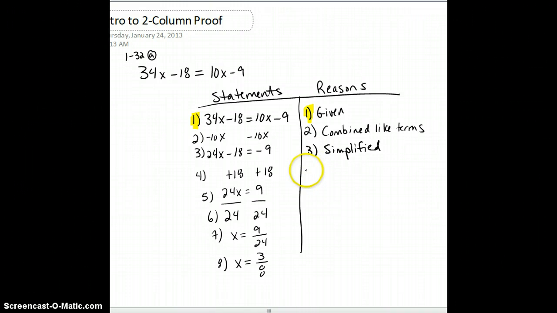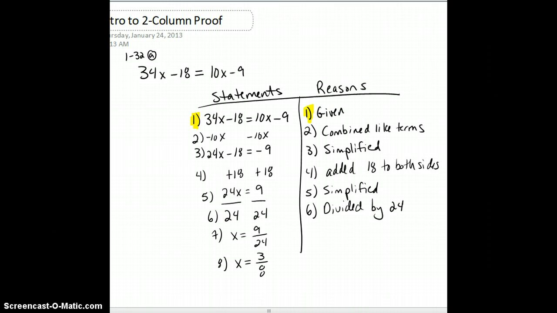Now, number 4, we added 18 to both sides. Number 5, we simplified. Number 6, we divided by 24. In 7, we simplified. And in 8, we reduced our fraction.